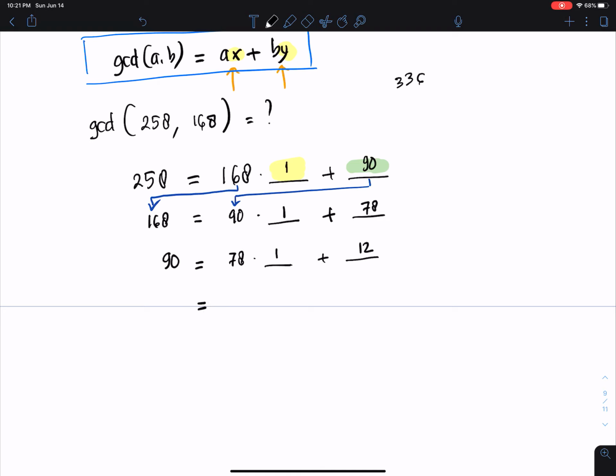Continue again: we have 78 here, and over here will be 12 times what number? What number times 12 will get us close to 78? I would say 6, so 12 times 6 is 72. So from 72 to 78, what is our remainder?